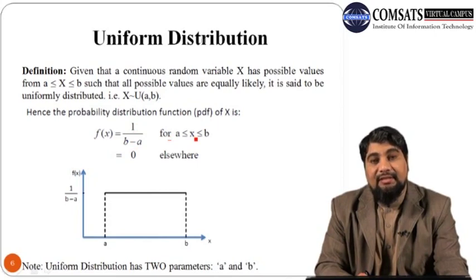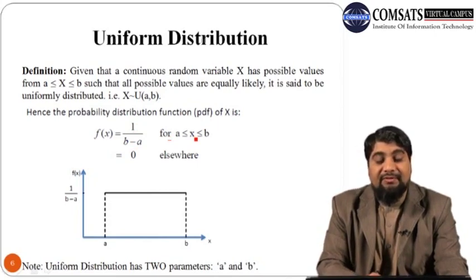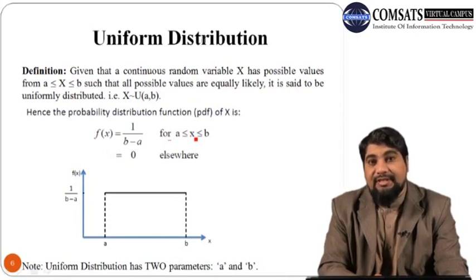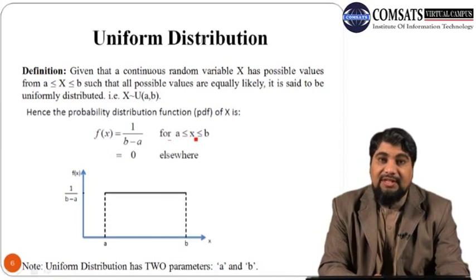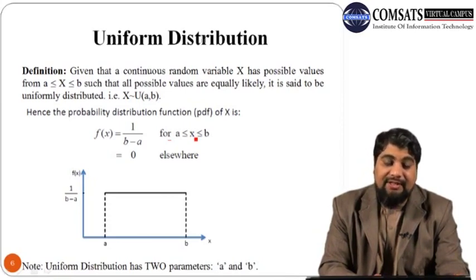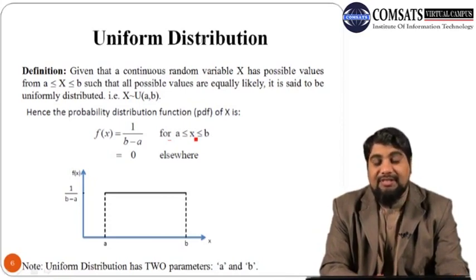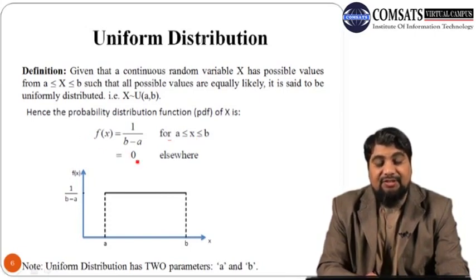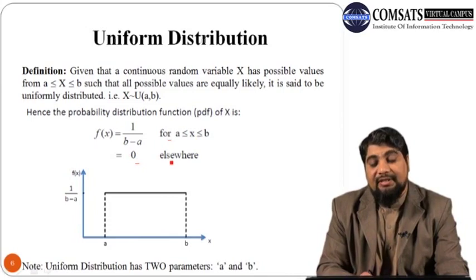So when x lies between this range a and b, then the density function, which is also called the PDF, is equal to 1 over b minus a, and the density function is equal to 0 otherwise, or elsewhere.